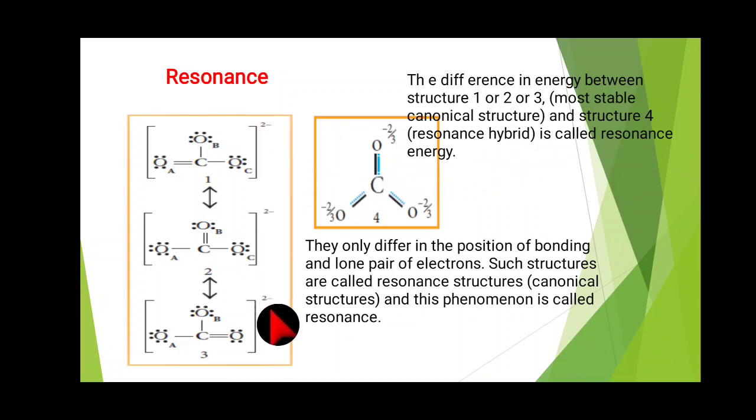The first three structures are compared with the fourth one, so we can find the difference in energy level. That is called resonance energy. So what is resonance energy? We can find it.